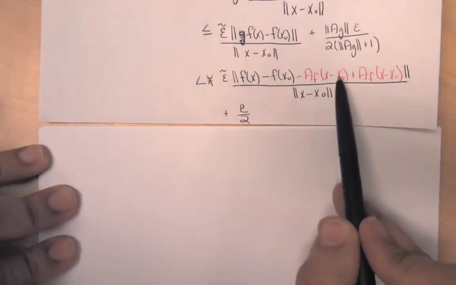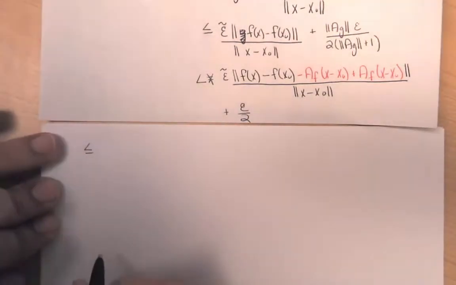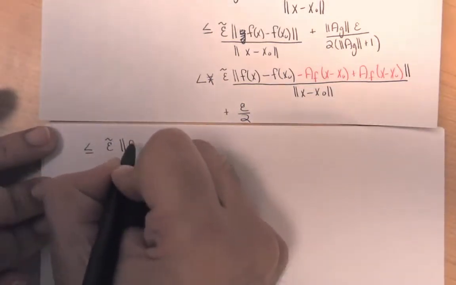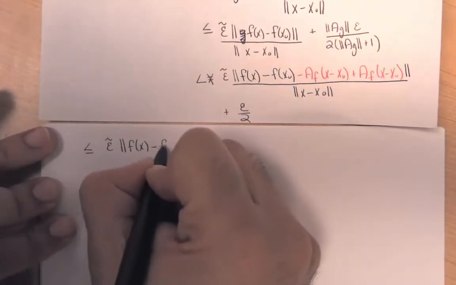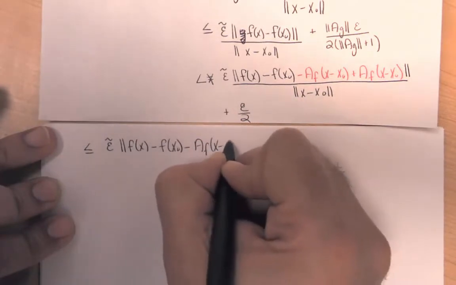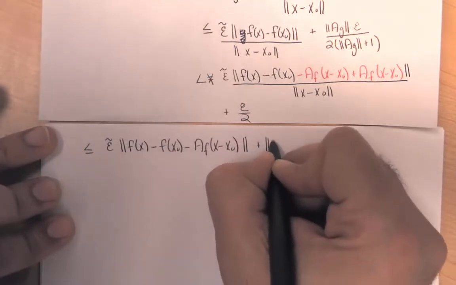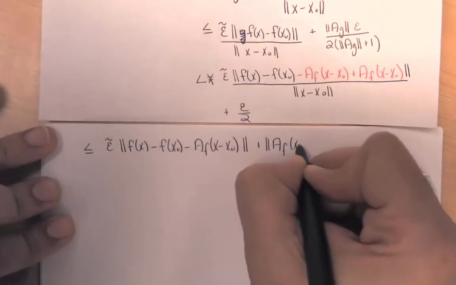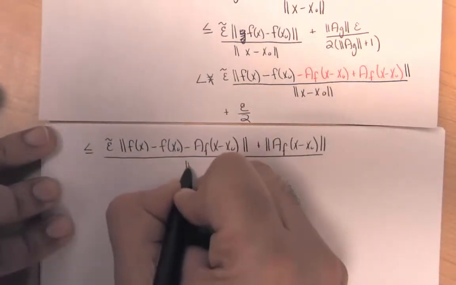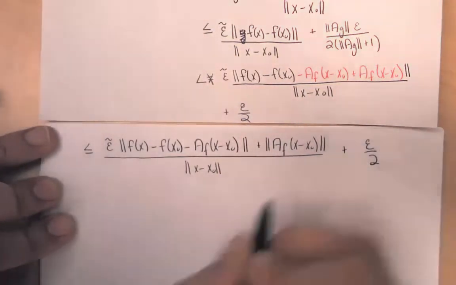So I can split this up using the triangle inequality. So this becomes less than or equal to epsilon tilde times the norm of f of x minus f of x naught minus AF times x minus x naught, plus AF times x minus x naught, divided by x minus x naught, plus epsilon over 2.